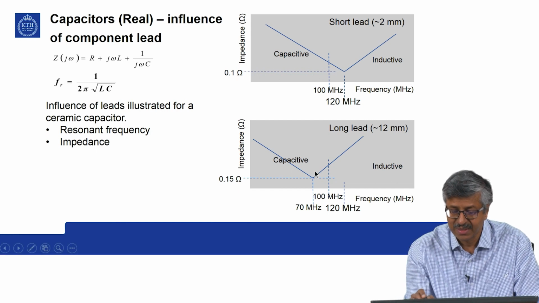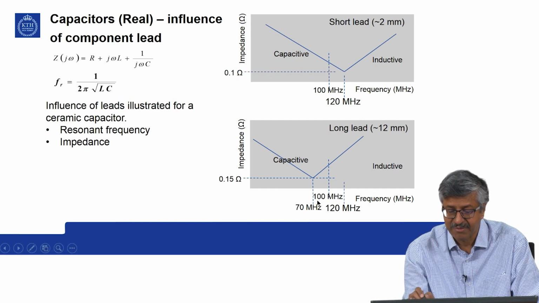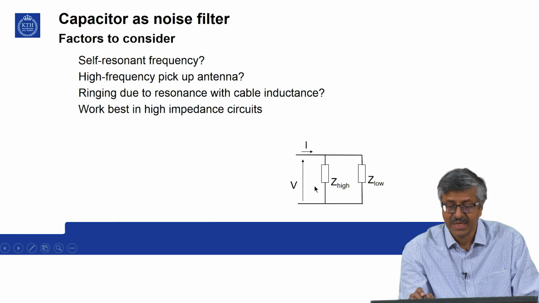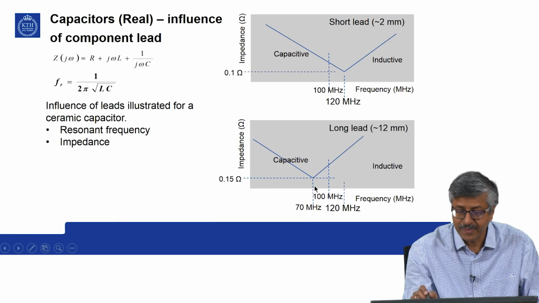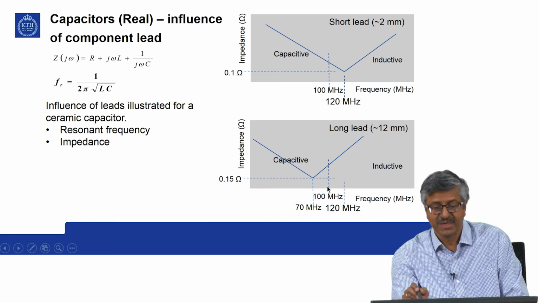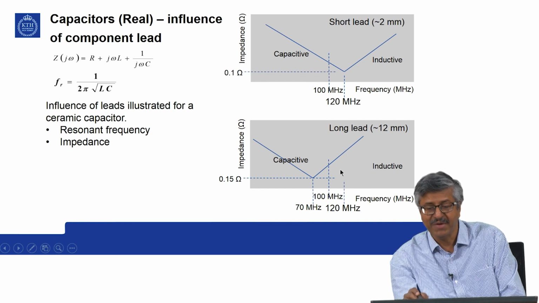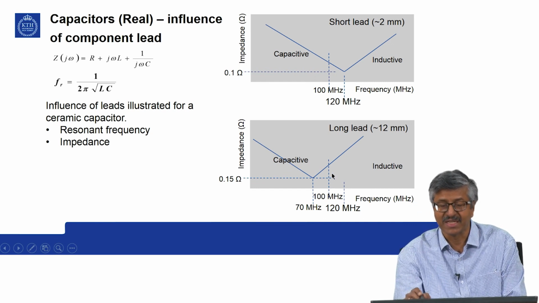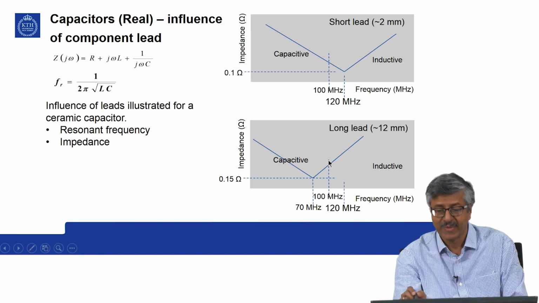So, it is at 70 megahertz and the resistance is 0.15. If you try to operate it at 100 megahertz, it will not succeed because it is not behaving as a capacitor, it is behaving more like an inductor. So, the circuit will not work properly.